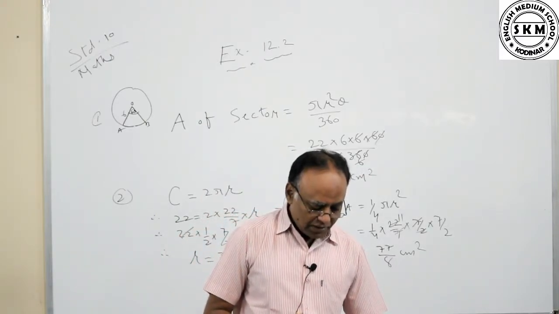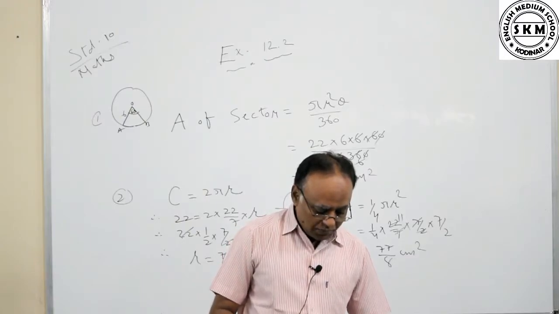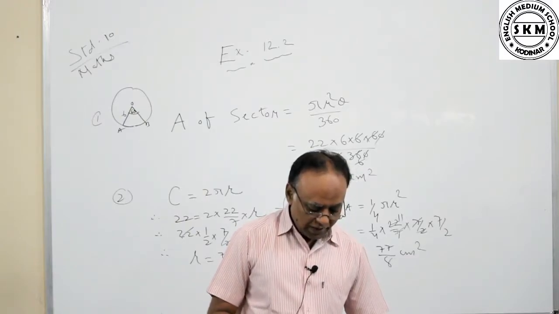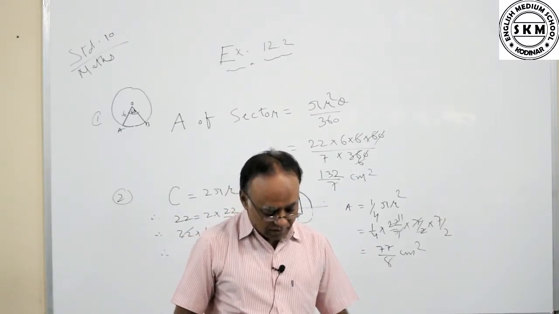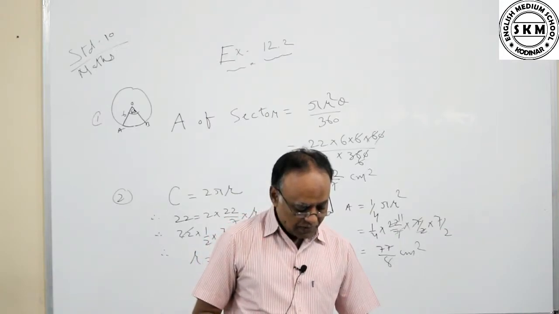Third example: the length of the minute hand of a clock is 14 centimeters. Find the area swept by the minute hand in 5 minutes.